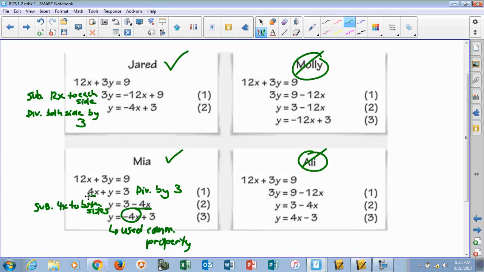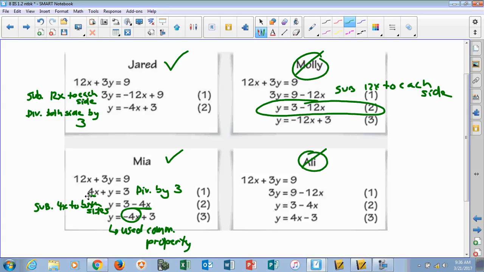So if we look at Molly first, all right, Molly started off by moving the 12x. So she subtracted 12x to each side, which is fine. Now, if you look at her next step, she goes from 3y equals 9 minus 12x to y equals 3 minus 12x. So here is her error.